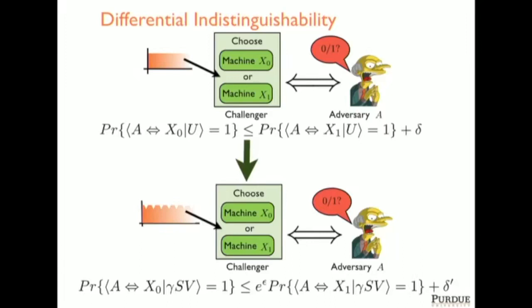This can also be written as 2 raised to epsilon, it does not matter that much. I am also changing delta to delta prime because we add a small factor to this delta. However, if the initial value was negligible, this delta prime also remains negligible.